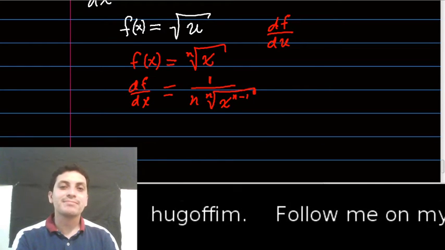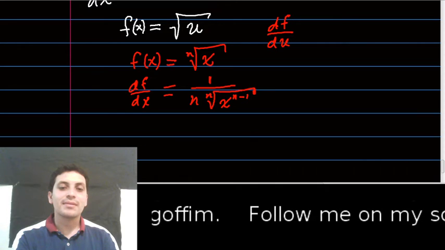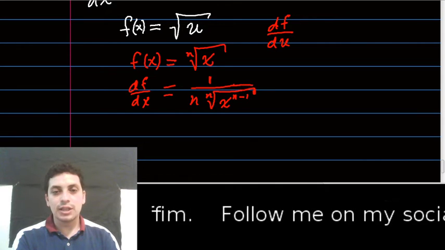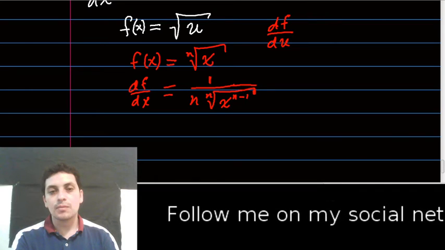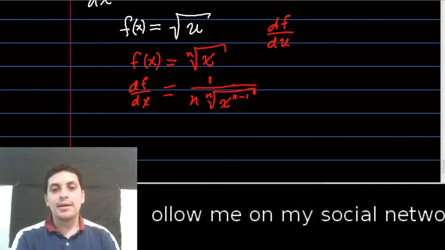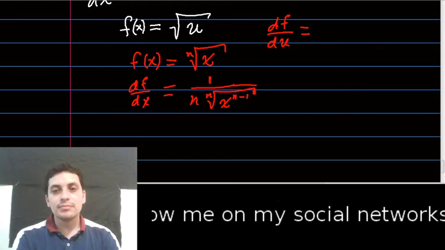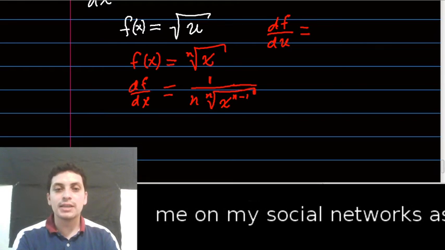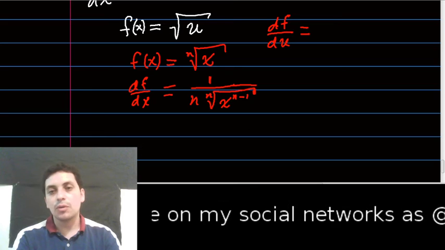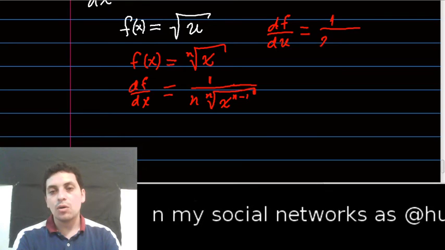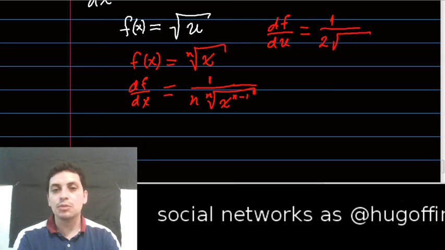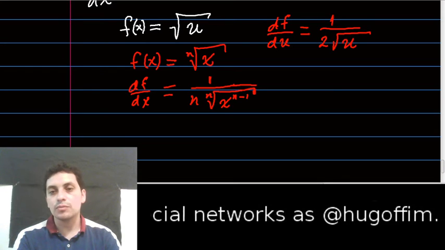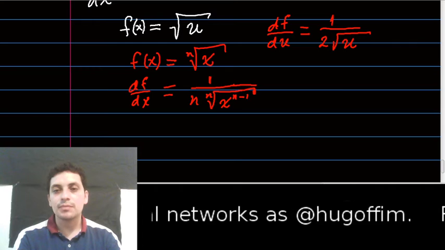Okay? So essentially, what we're going to do is apply this formula. In this case, n is going to be 2. So we're going to have 1 over 2 root of, in this case it's not x but u, u. 2 minus 1 is 1.